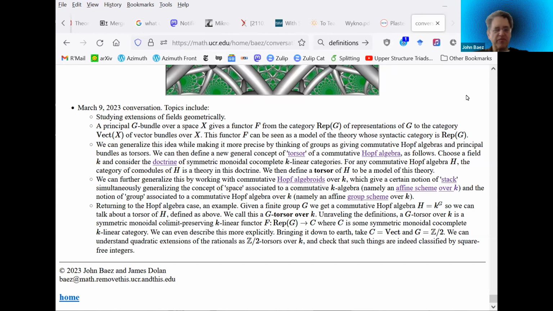Okay. So sort of starting from a basic idea and developing it more carefully as we go.